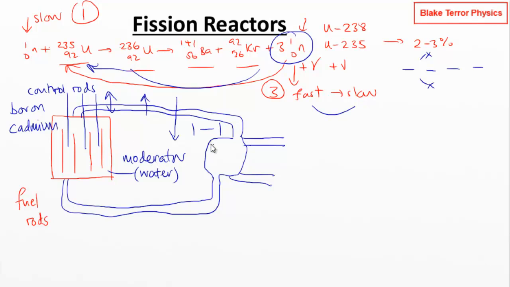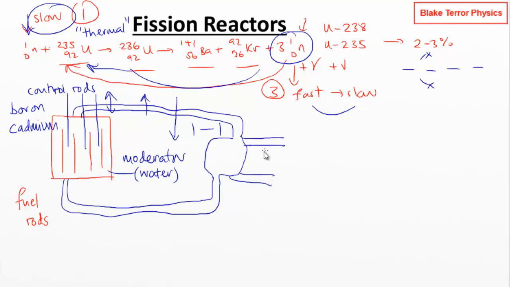But you've got this moderator. The moderator slows down the neutrons, so they're now these slow neutrons, what's called thermal neutrons, as in they've got less energy, a lower amount of energy associated with them. So that's what the moderator's doing there.